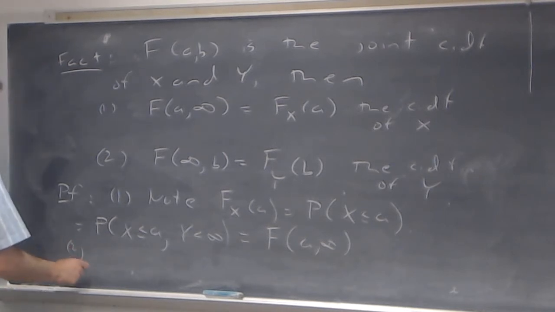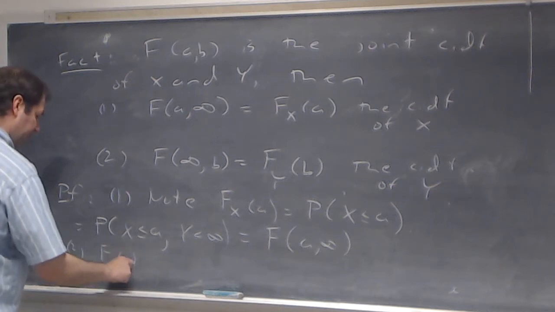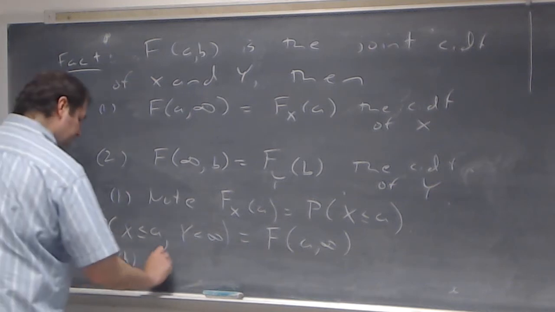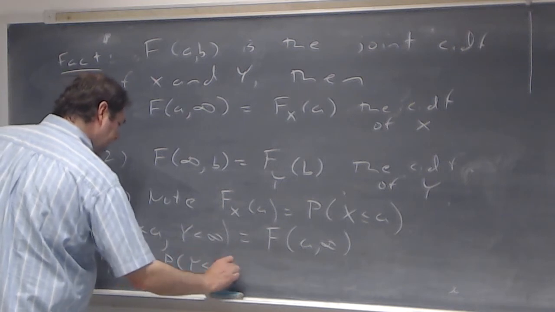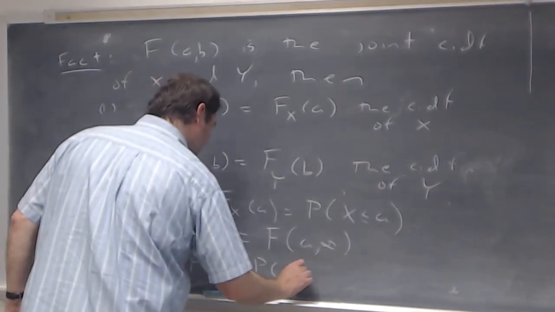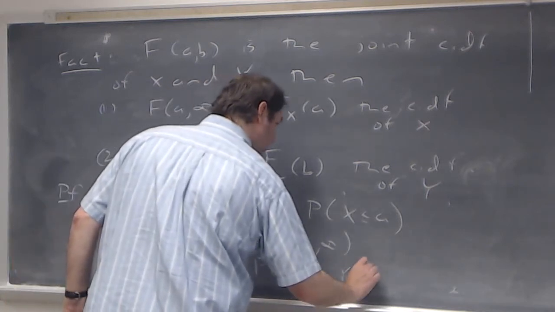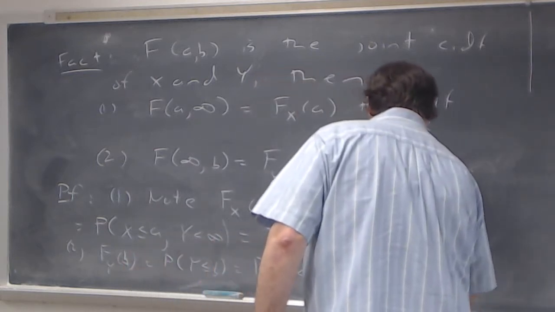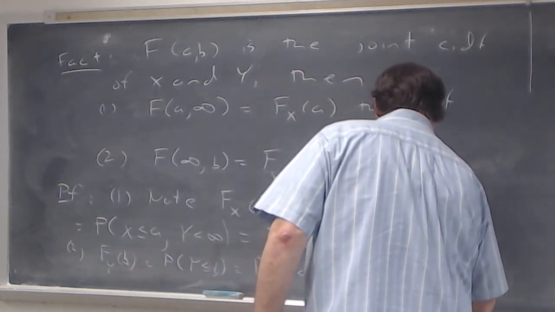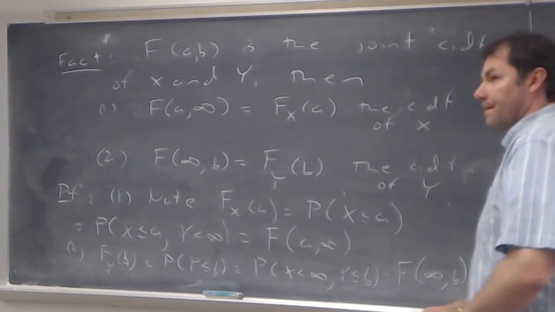And 2, the second part, again, it's the very same proof. F sub y of b is equal to the probability that y is less than or equal to b, which is equal to the probability that x is less than infinity and y is less than or equal to b, and that's nothing more than f of, symbolically, infinity, b. So that's the proof.